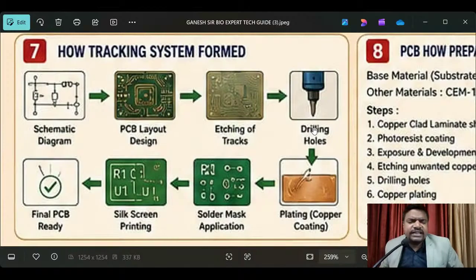All types of boards are there, whatever is available inside the equipment. So for your deep understanding, today I am showing here how the tracking system is formed. See this here first of all.